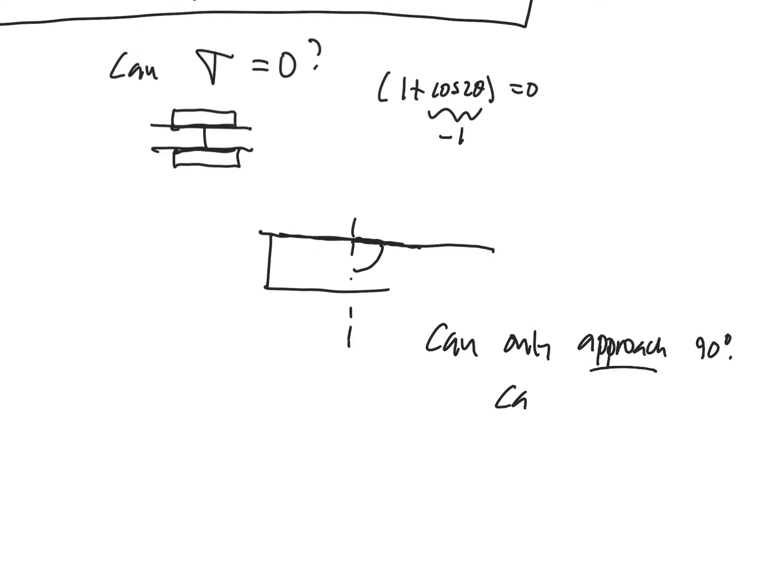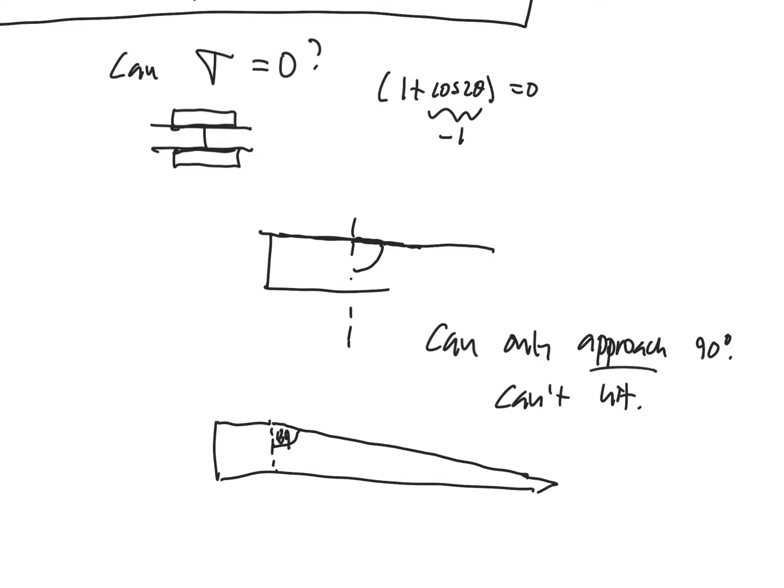We cannot hit it. If we do that, we've run out of our domain. But I could approach it. We could make a really long cut like this, something like 89 degrees. But we cannot quite hit that one because then we really don't have any section left. So there is a little bit of a limitation inside of our analysis.